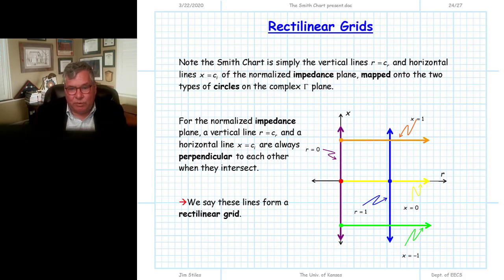We have a case where r and x are equal to 0. That would be a short circuit at the origin of the normalized impedance plane. We have a case where the resistance is equal to 1 and the reactance is equal to 0. And of course, this would be the matched impedance on our normalized plane. We have a case where the resistance is equal to 0 and the reactance is equal to +1, and this would be the inductive match reactance point.